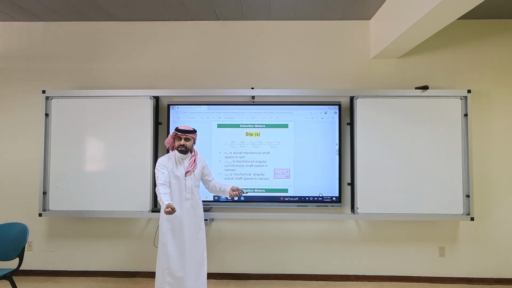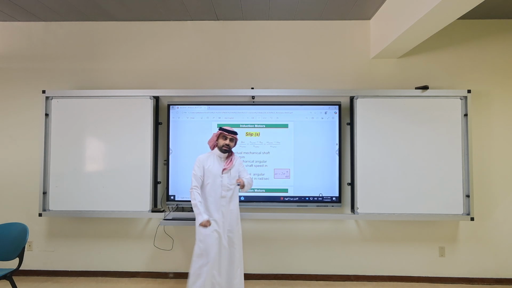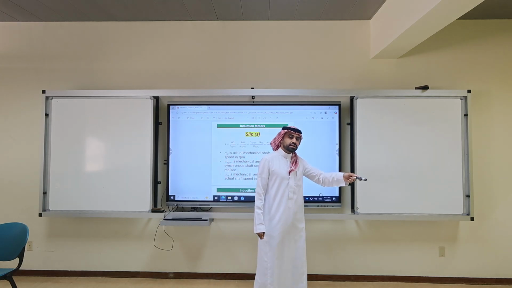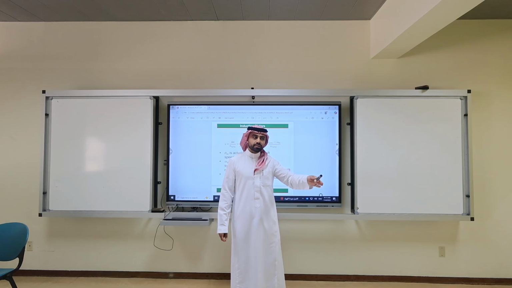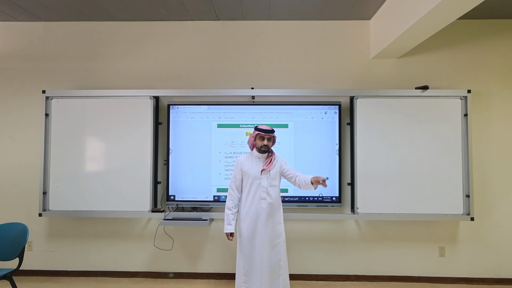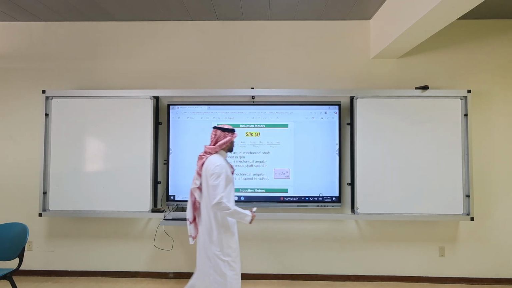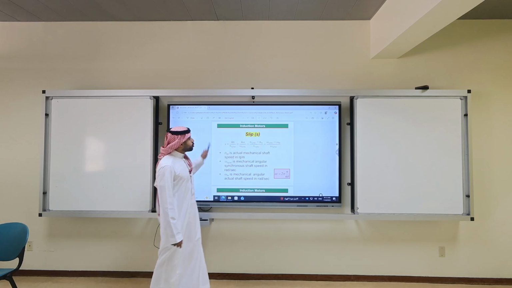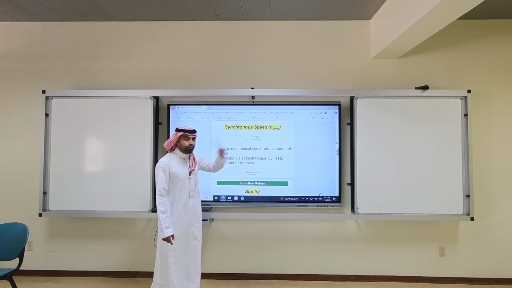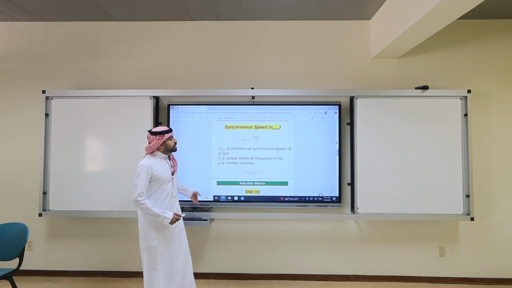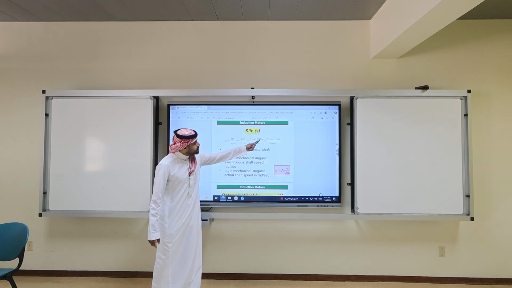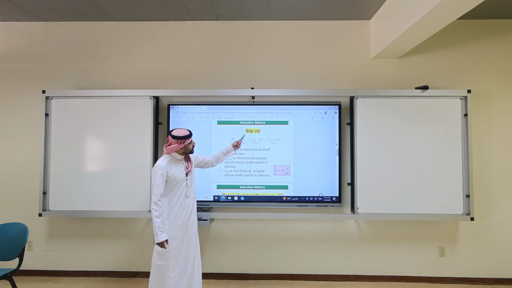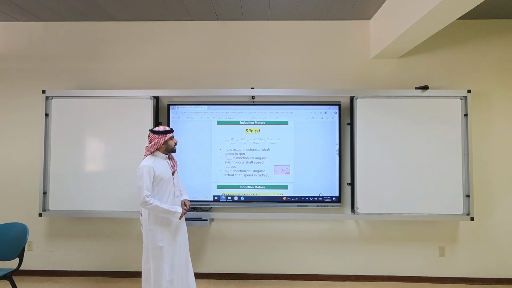At standstill it is 0. It will increase until it reaches the synchronous speed, but there is no induced torque, so it will go a little bit smaller by the slip, and then it will stay there. N sync with omega sync has to do with the electric supply and number of poles. Nm has to do with the slip in relationship with the n sync.